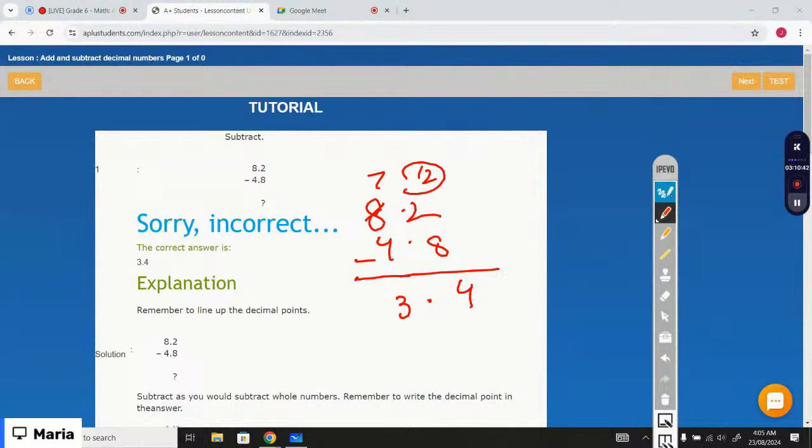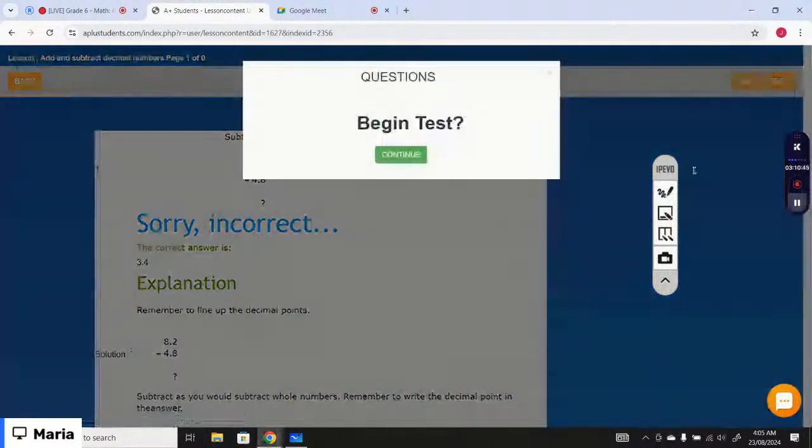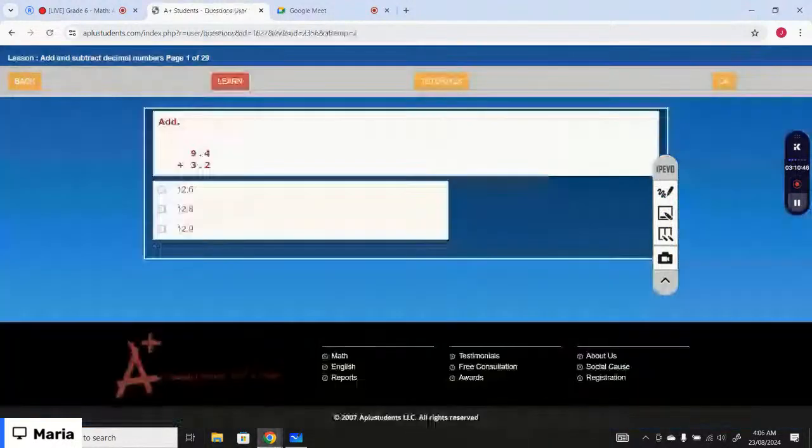Okay, so let's start with the test questions. 9.4 plus 3.2, which is the correct option?